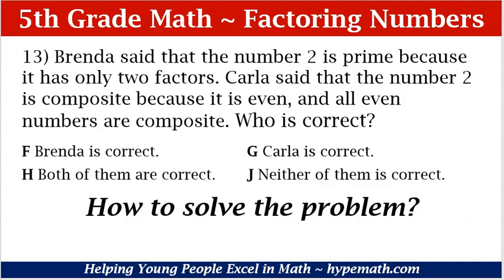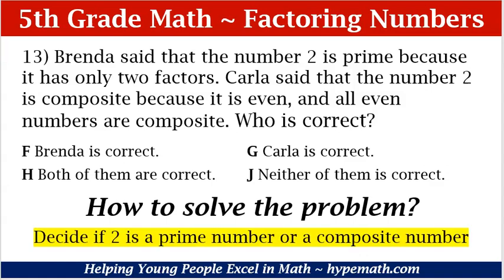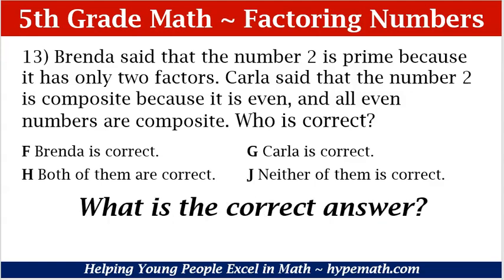How do we solve the problem? What we need to do to solve this problem is decide if 2 is a prime number or a composite number. So what do you think? Based on our information, what do you believe is the correct answer?